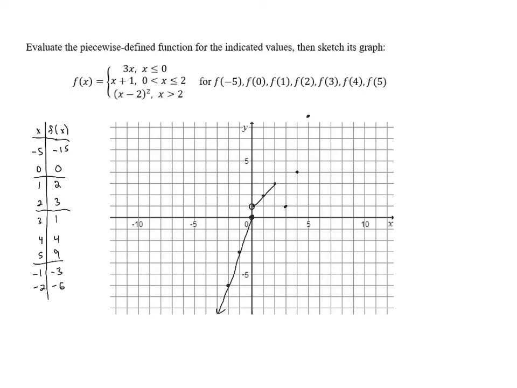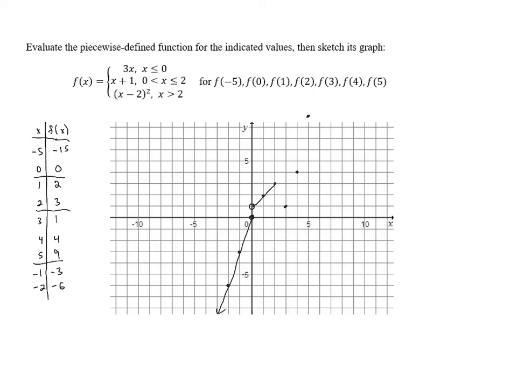Now we know that this is going to be a piece of a parabola, and we're going all the way to the right, but this is only valid for x greater than 2. So we need to go all the way to 2 here, and we don't know if it's going to keep going down, if it's going to go back up, etc.